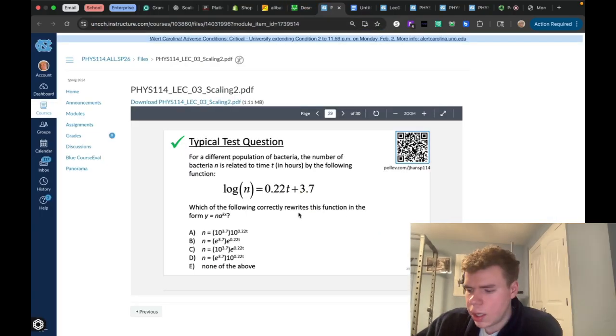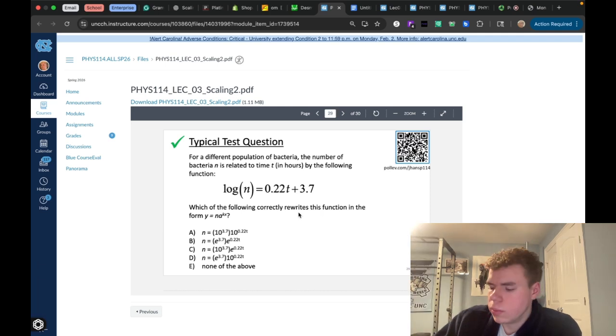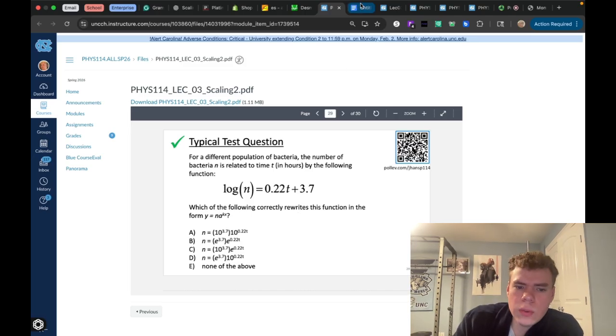We already have log n equals 0.22 multiplied by t plus 3.7. Which of the following correctly rewrites this in the form of that? So now we've got to walk backwards here.